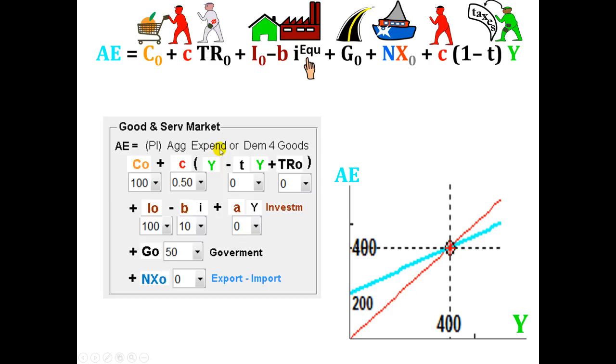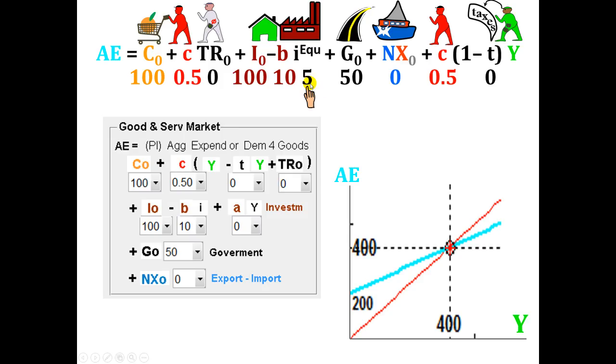So if we start with the goods and services market with this value, then we plug in all of the values and we can see that here there is no value for I. So the question is, how can I get the value for the interest rate? Well, for this data the value for the interest rate is 5, but the question is, where does this 5 come from?